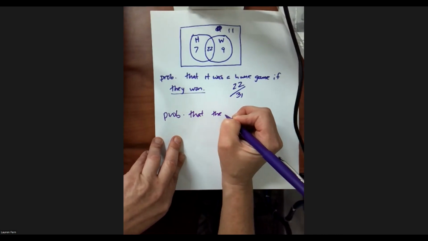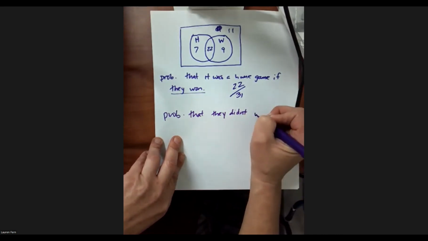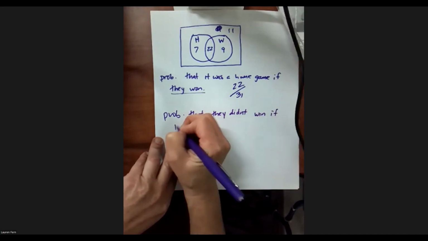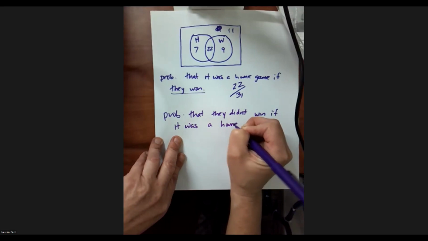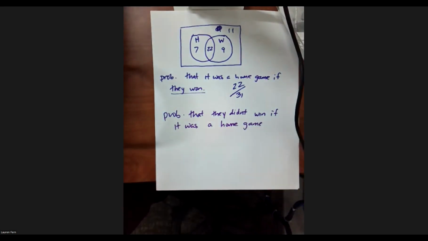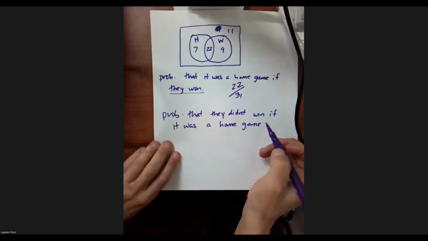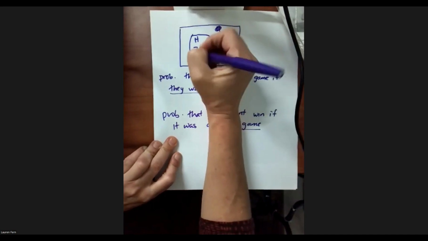Okay. What if, on the other hand, we want to find the probability that they didn't win if it was a home game? All right, now what are we reducing our sample space down to? We are reducing it down to home games. That's my H circle.